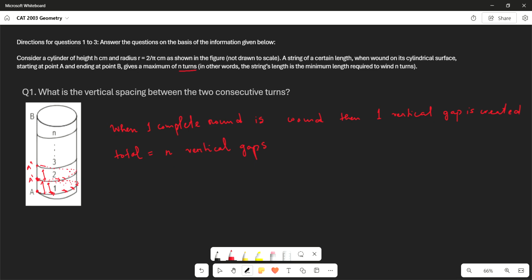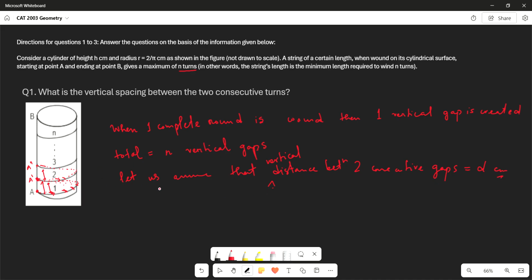And let us assume that the vertical distance between two consecutive gaps is equal to small d centimeters.